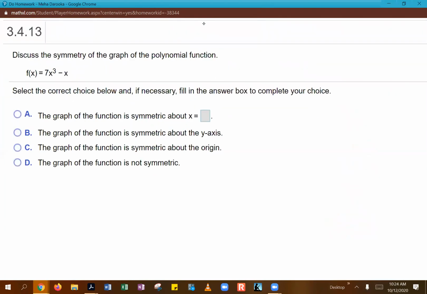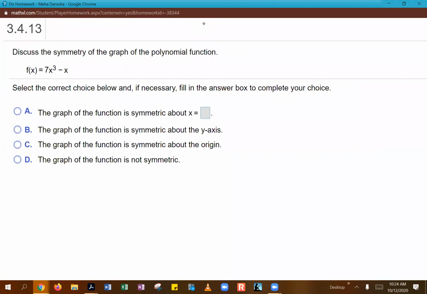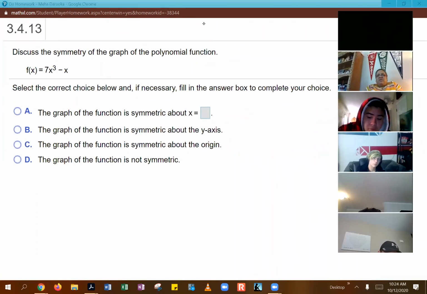Okay, what kind of function is this and what kind of symmetry will it have? Is this an even function, an odd function, a quadratic function? So look at the degree on your... Isn't it an odd function?